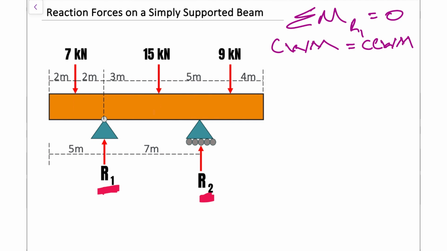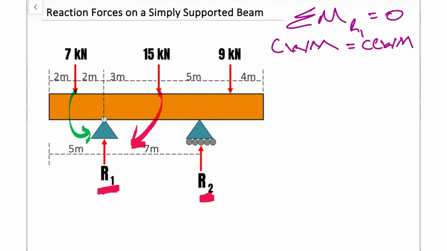So if we start with the 7 kilonewtons to the left of R1, it's safe to say that that force will be trying to rotate counterclockwise. Then when we go across to that 15 kilonewtons, that will be trying to go in the opposite direction.